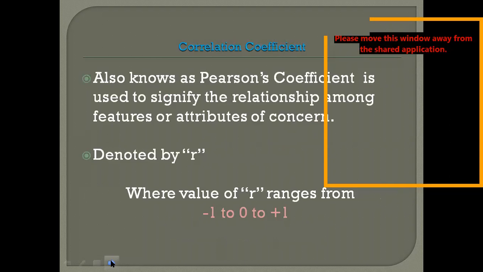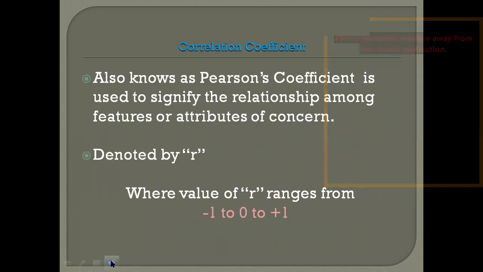Now, let's not be afraid or scared about these correlation coefficients and how we calculate them. Excel gives you, just in a jiffy, in one click, the correlation among the two different variables or features. Let's go a bit further in this correlation.